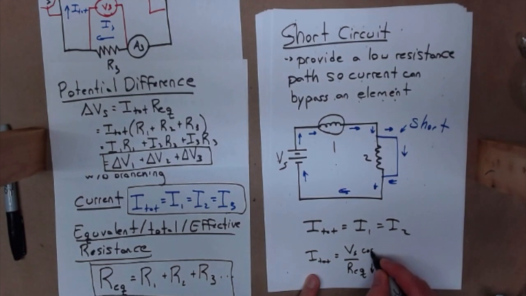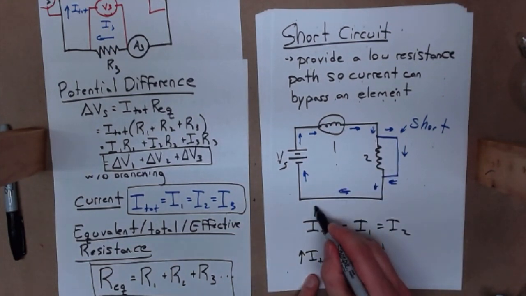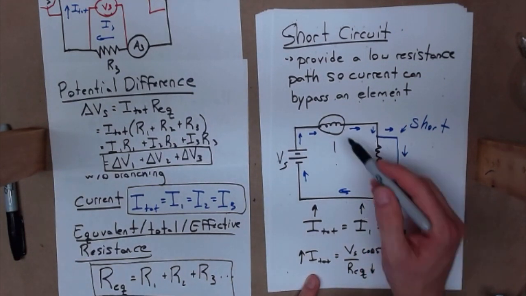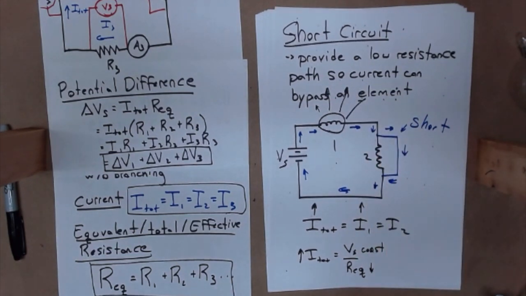Vs stays constant, since I didn't change my battery, so my total current increases, which means this current increases. If that current increases, my bulb gets brighter. And that's exactly what we observed in the demonstration, where I connected that wire across bulb B, making it go dim and brightening bulbs A and C.